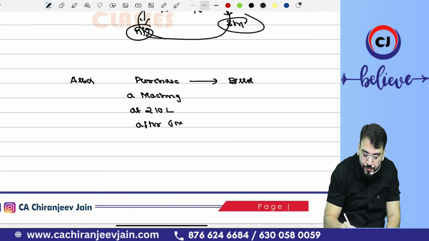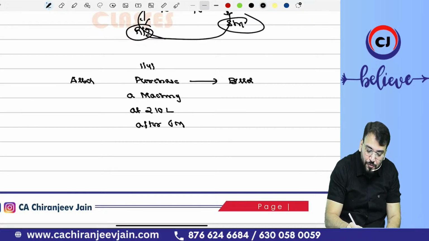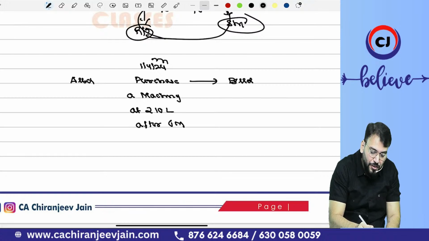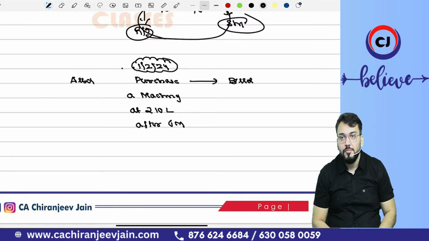The machinery is to be delivered after 6 months. The contract was done on 1st Feb 2024. Correct? Understood?